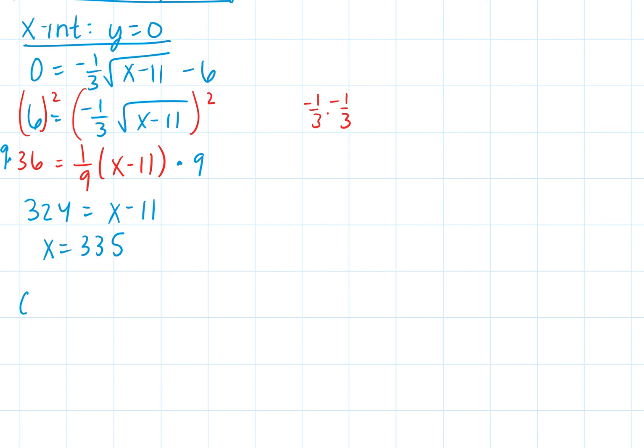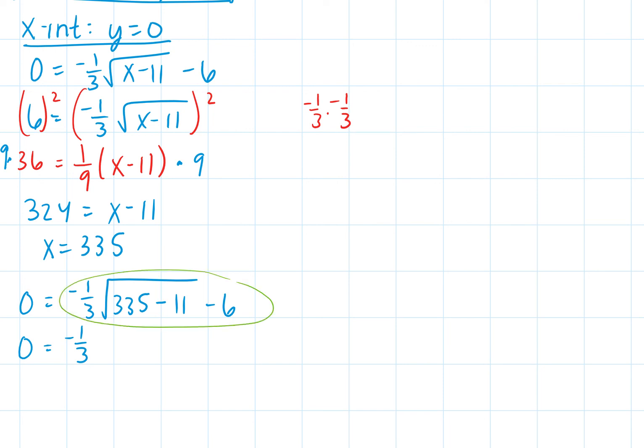And just double check it real quick. Oops. By substituting into the original equation. You can, of course, just take this entire expression and type it into your calculator if you prefer to do it that way.